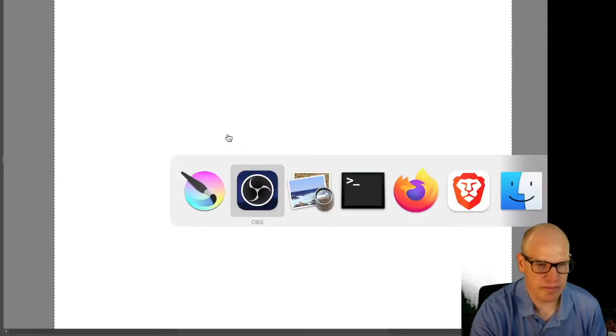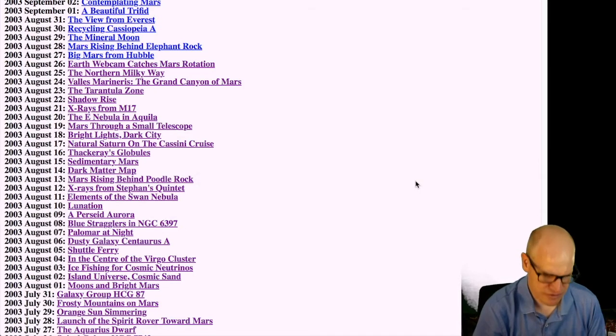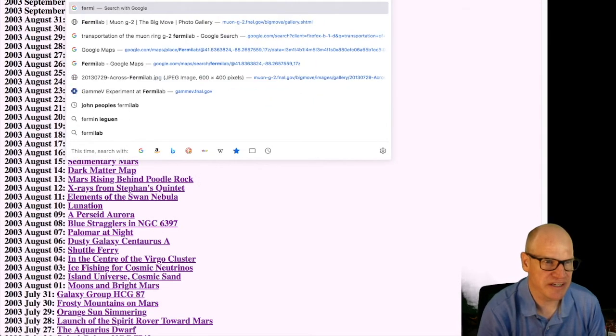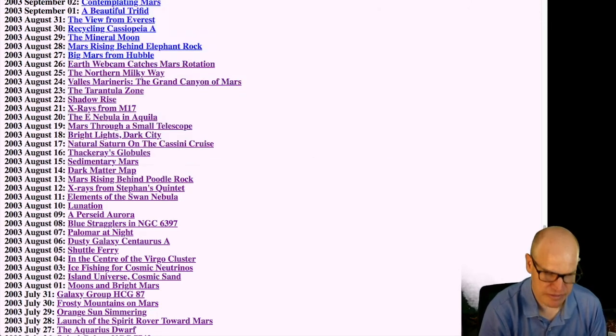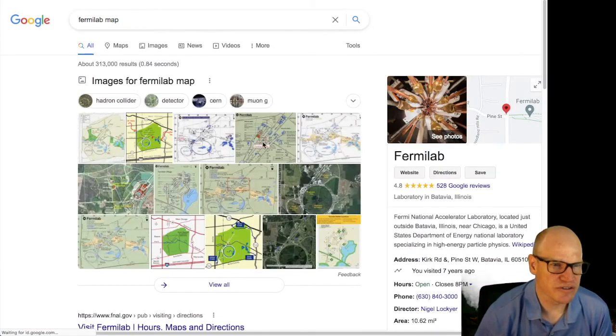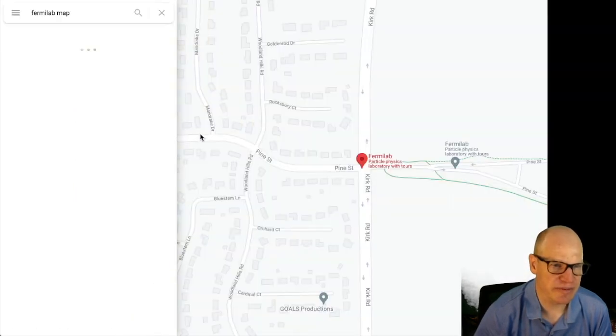At Fermilab, they have a particle accelerator. I'll pull up a map of this. I'm going to go to Google Maps. Here is the Fermilab entrance.